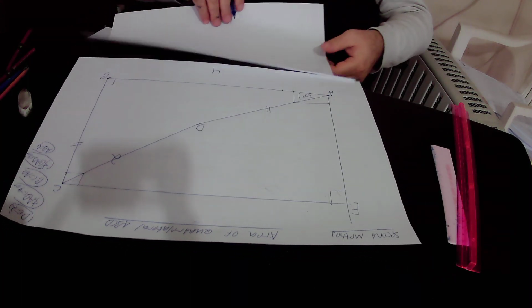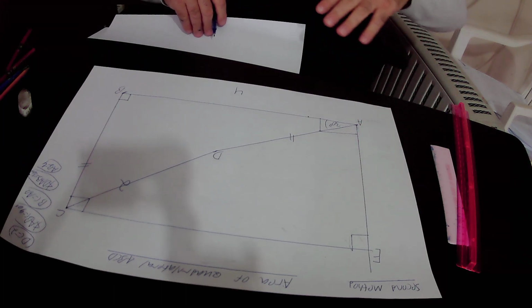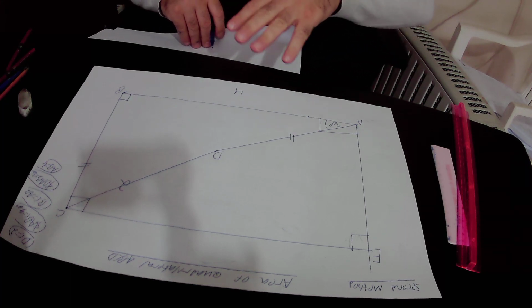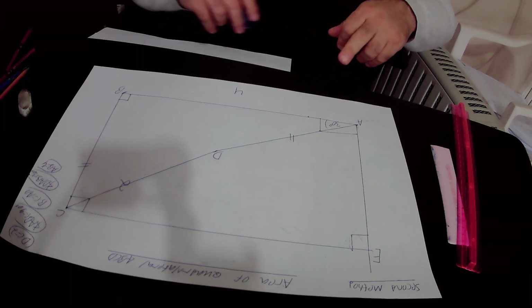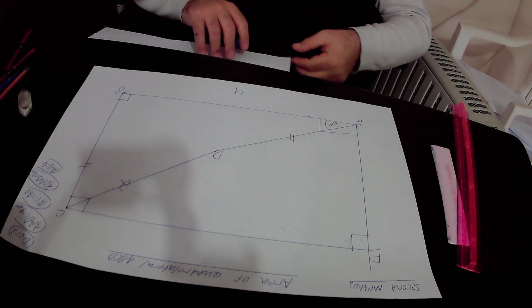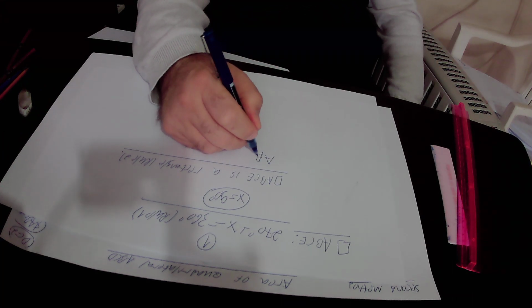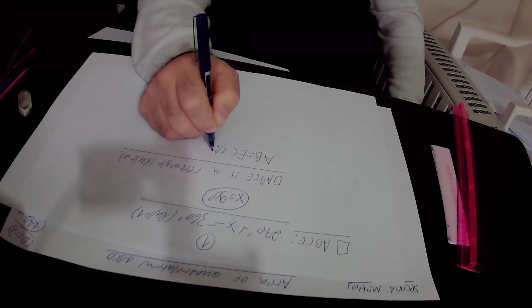And we also have rule number 3 that states that the opposite sides of a rectangle are equal to each other. That is to say, the opposite sides of rectangle ABCE are equal to each other. It means that AB equals EC, according to rule number 3.